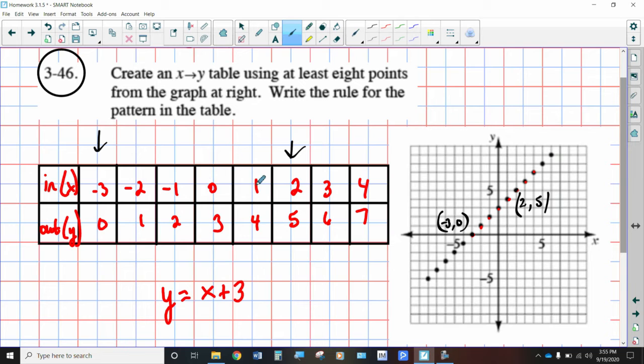Wherever you have an x, if you add 3 to it, you get the output for y. And so that becomes the rule that applies to this situation. Y is equal to x plus 3. And then you can go and check it for any of them. And you can say, oh yeah, it works where x was equal to 4, y was equal to 7, right? Yeah, it absolutely works for all of them.